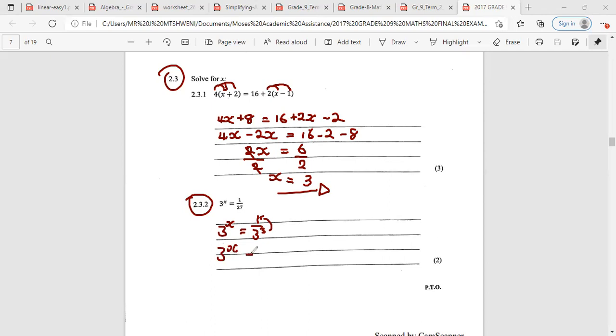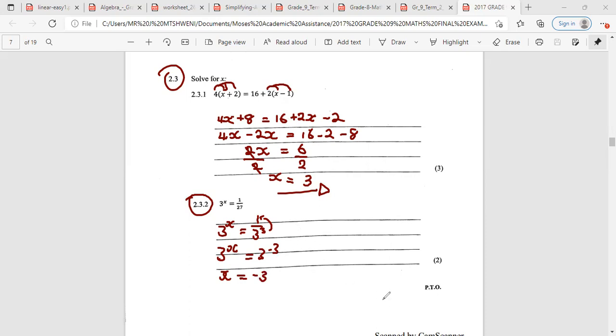This one will continue to remain the same. So we are going to remain with 3 to minus 3, because when you say over 1, it will remain the same. Now when the bases are the same, you just leave everything. You take x equals to minus 3.